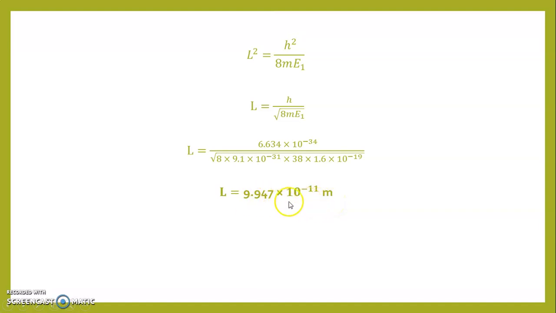Now see, this power is minus 11. For simplicity, we can convert this power to 10 raised to minus 10. This 10 raised to minus 10 meter is nothing but Armstrong. So shift the position of the decimal point to this side.